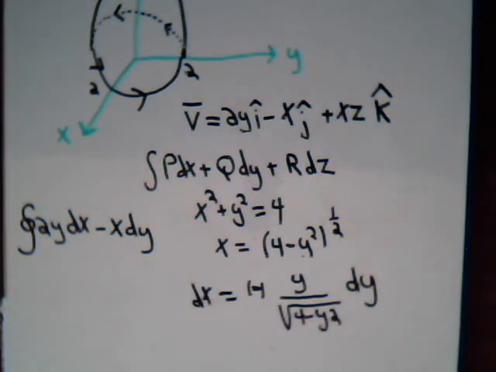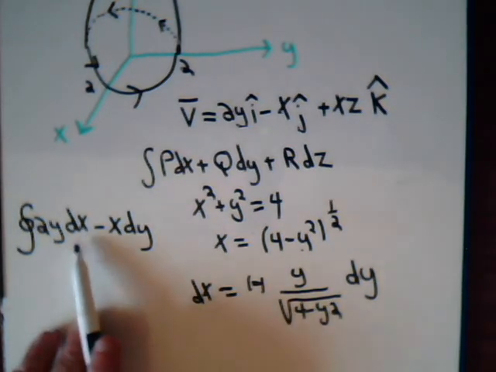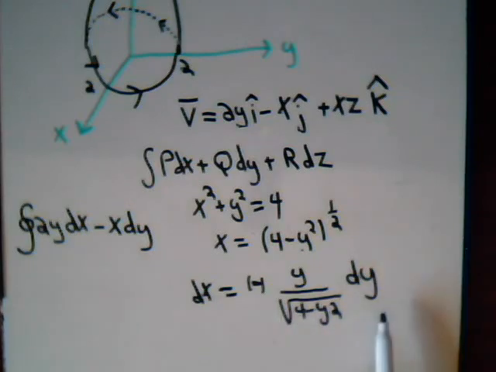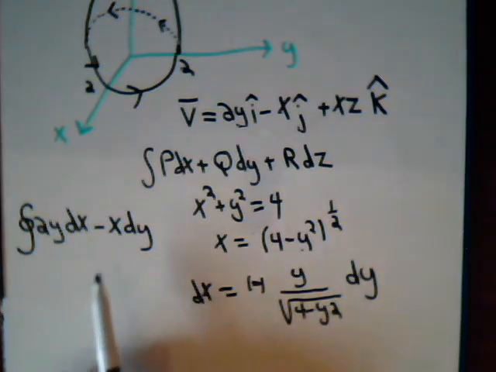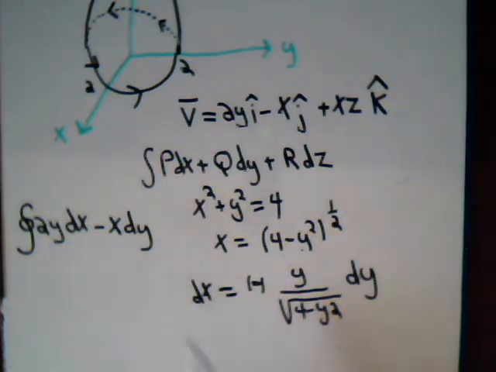So now for our integral, here we have y times dx. Dx is expressed in terms of y, minus x. Here x is expressed in terms of y times dy. So we can rewrite our entire integral in terms now expressed of y and dy.